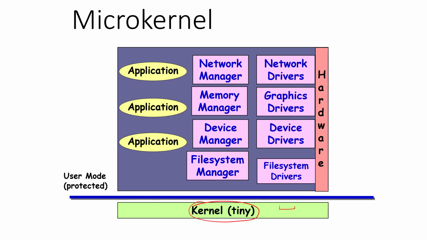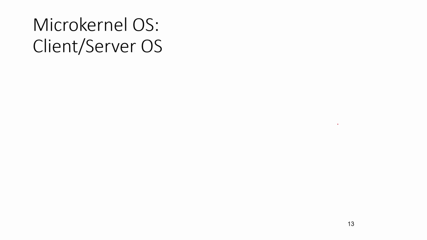Similarly, we'll have a proto implementation of a file system, but most of the file system implementation can again be in user space. And the same holds for drivers as well. So again, it's like a kernel for a kernel. This is what runs in protected mode, and the rest, as much as possible, is sent to the application mode.